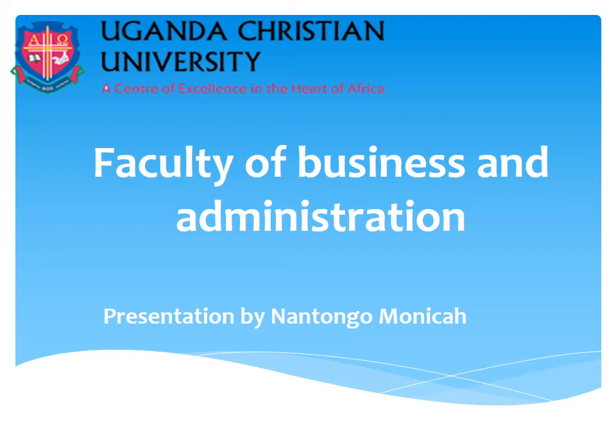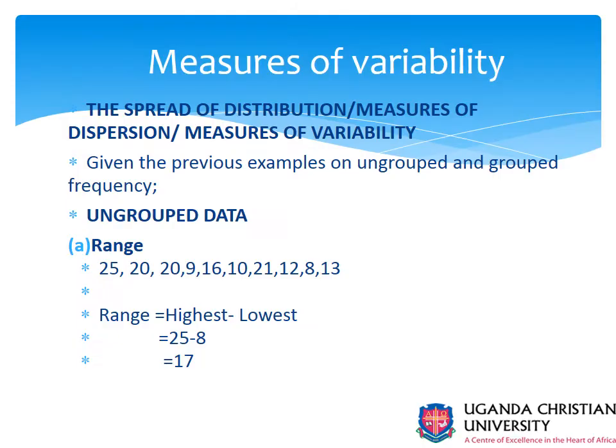Good evening once again. Today we are looking at measures of variability, or measures of dispersion, or you can call them the spread of distribution. We are going to look at a few of them, although there could be a number of them.